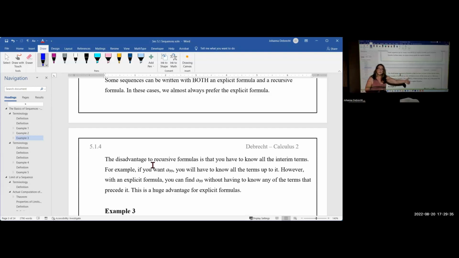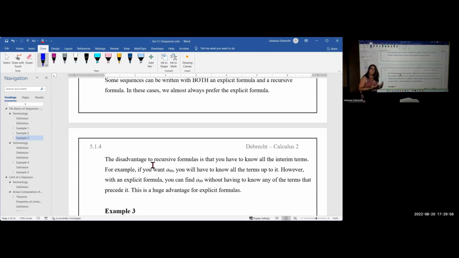In other words, I couldn't get the 99th one without knowing the ones in front of it because it's based on what comes before. And you may say, but you only need 97 and 98. Yes, but to get 98, I have to have 97, 96. And to get 96, I have to have 95 and 94. Do you see how that works? So in other words, we've got to have all of them up to that one, which is a lot of work.